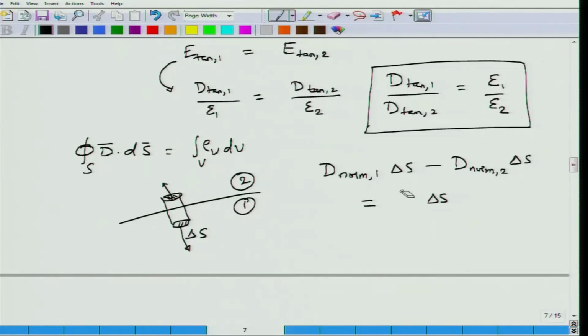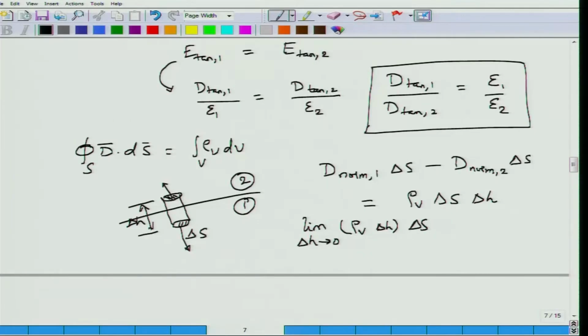Maybe this is a place where you can actually see how the volume charge gets converted to a surface charge. Let us assume that this is a volume charge distribution rho v. This must be multiplied by the surface area delta S, and delta H being the height of this cylinder. Now if I take the delta H tending to 0 limit, what will happen to the right hand side? Rho v into delta H into delta S. Delta S is not going to 0, only the height of the box is shrinking.